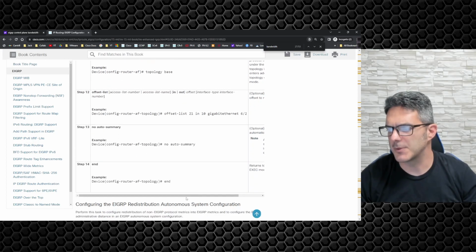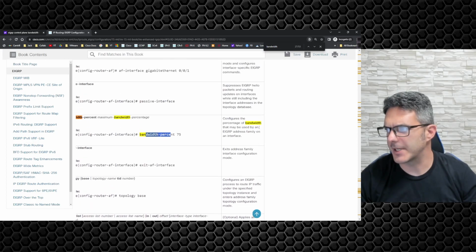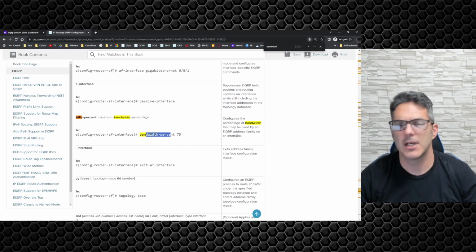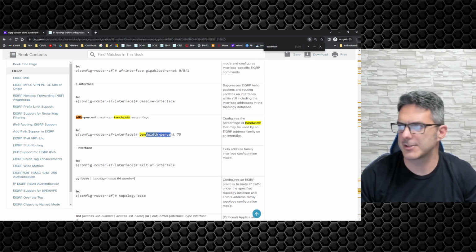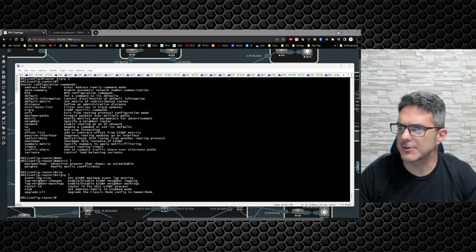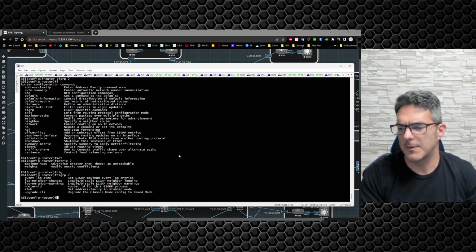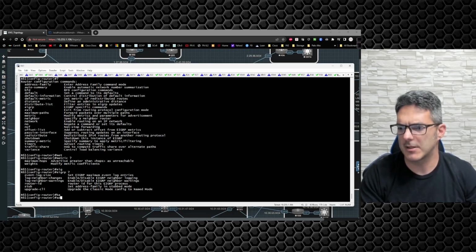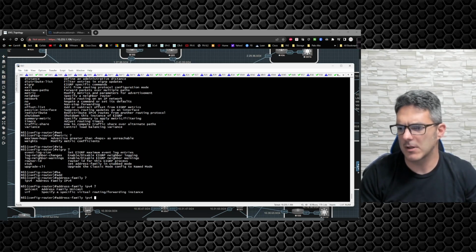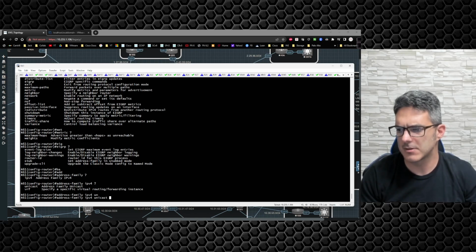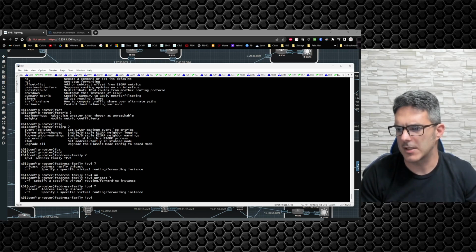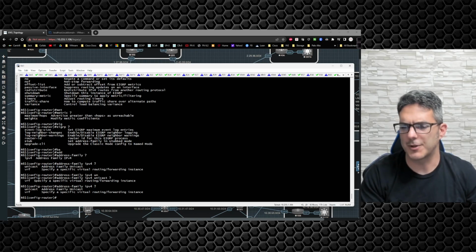And what this would do is configure the percentage of bandwidth that may be used by an EIGRP address family on an interface, and that's going to be sent EIGRP updates. So in other words, if I was to come in here, there is no bandwidth command unless I was to go address family IPv4 unicast, no, yeah, it wants me to go underneath the VRF.